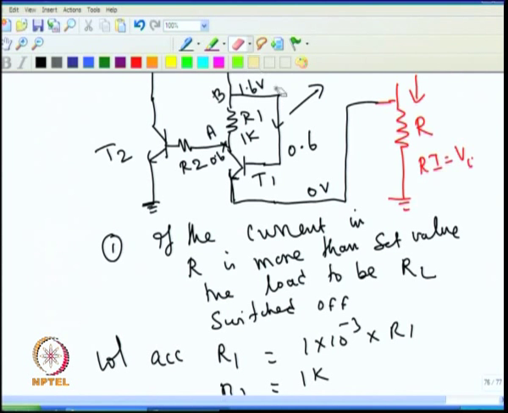So, that means the base is at 1.6 volt. The base at 1.6 means the emitter must be at 1 volt. So, this calls for 1 volt.